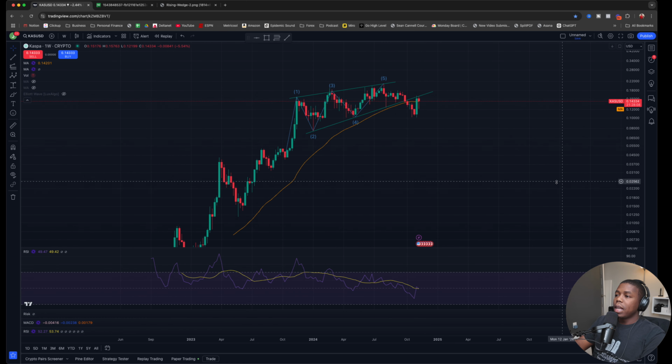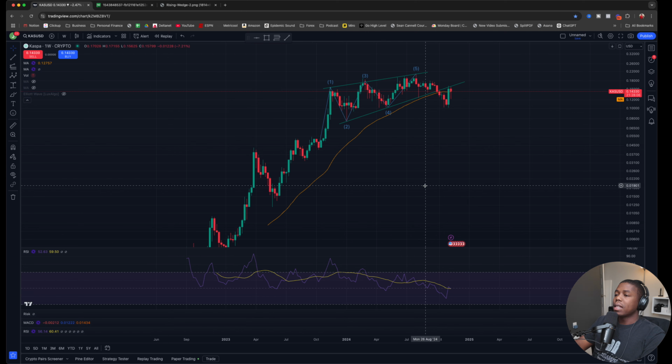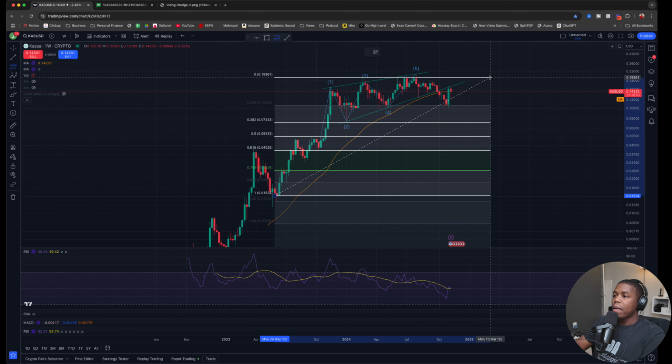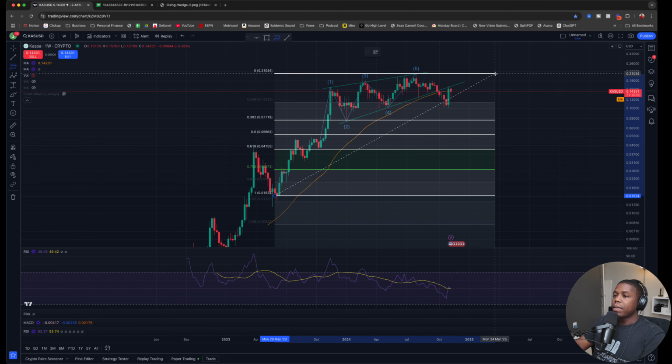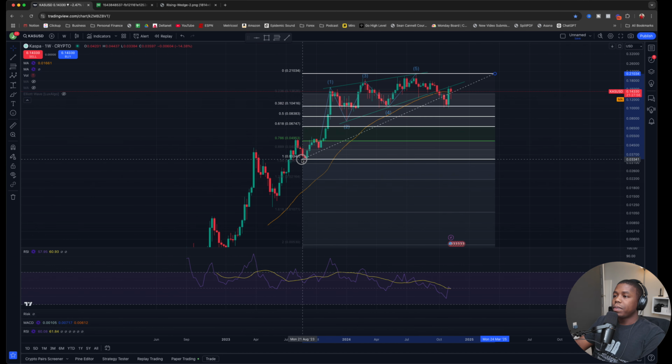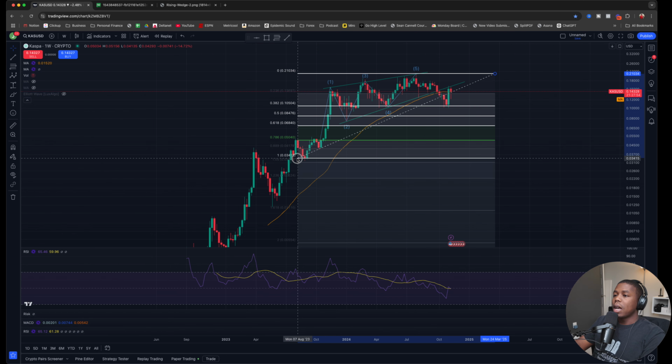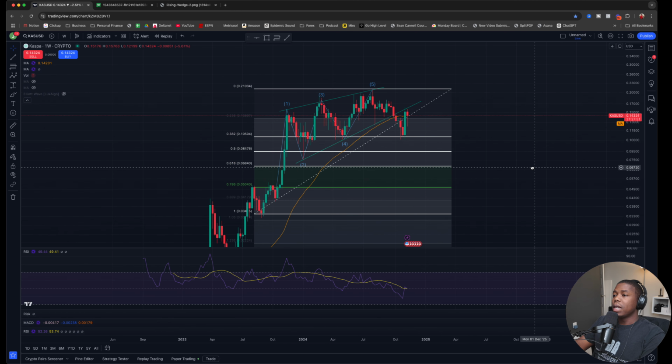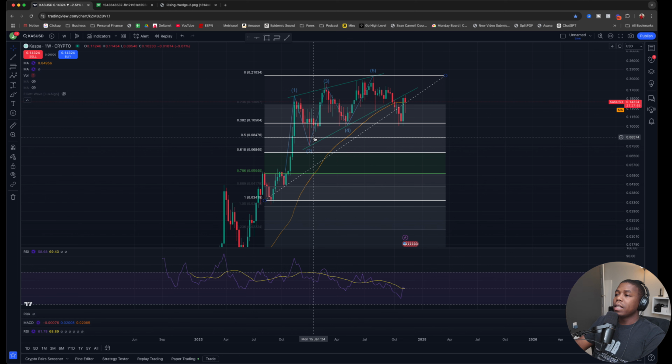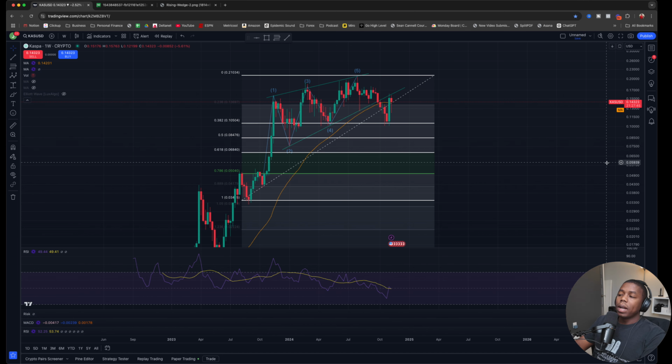And so let me draw in a few things that may help explain why I think it's going to go down. So we have the Fibonacci retracement tool. This helps me, and in general it helps, to find different significant reversal points of support and resistance.